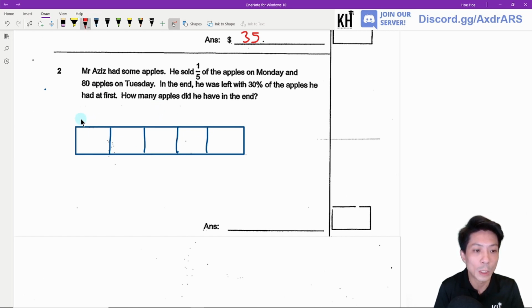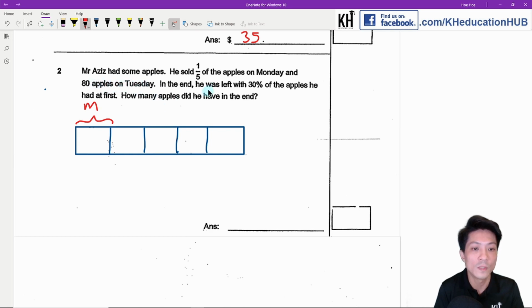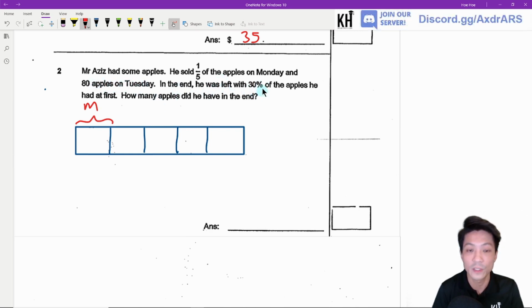Okay, so this 1/5 was sold on Monday. Okay, and 80 apples on Tuesday. In the end, he's left with 30%, right? Okay, so we know that 1/5 is also equal to 2 out of 10, right?